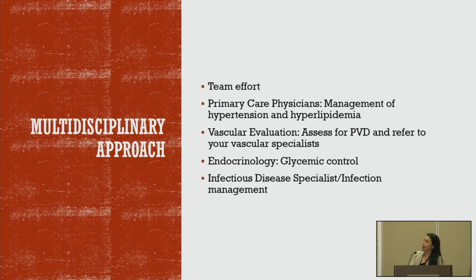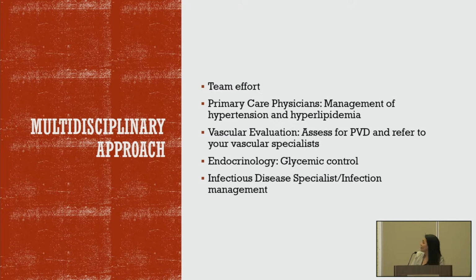And of course, it's a multidisciplinary approach, like Dr. Lazar brought up. We have to work closely with our primary care team and our endocrinology team, because you are on the front lines medically managing these patients for diabetes, high glucose levels, hypertension and hyperlipidemia. We work very well with our vascular colleagues, because we need them to open up the arterial system to get circulation flowing at an optimal level, to either salvage a wound or do as distal an amputation as possible.